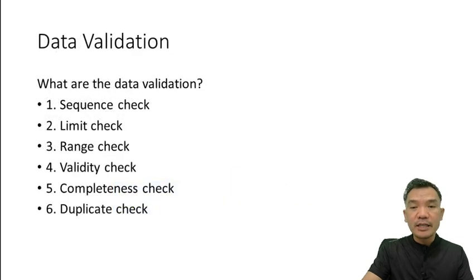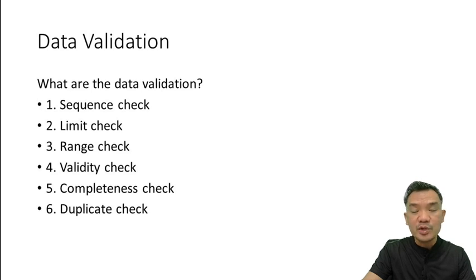In input controls, we also look at the data validation that is implemented. As an information systems auditor, if you look at input controls, we also focus on validation to ensure that the input is actually correct. So what are the data validation strategies and mechanisms conducted by the organization, or that you as an IS auditor will look at?